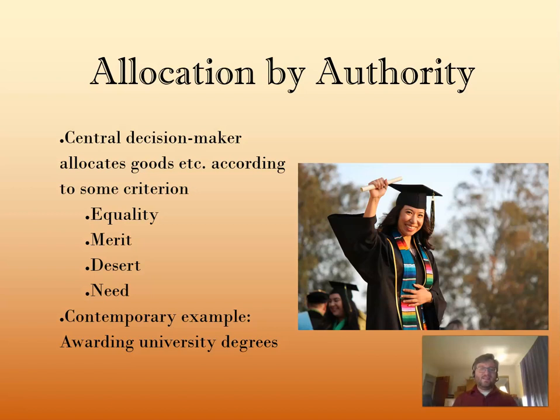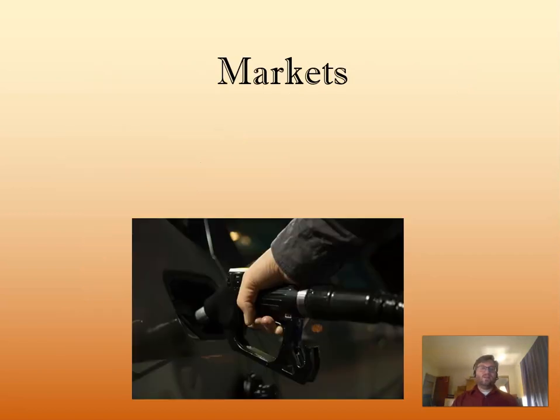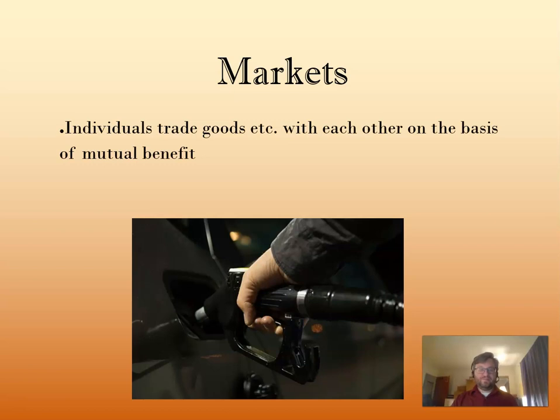We would say, no, that's not appropriate to use kinship as a basis for allocating degrees from SRU. We would also think it was a problem if degrees from SRU were being sold. If they were like, well, if you pay us enough money, you just automatically get the degree, right? You have to pay your tuition, but you don't get the degree based on simply paying money. So we wouldn't want to allocate degrees according to our last principle here, which is a market.